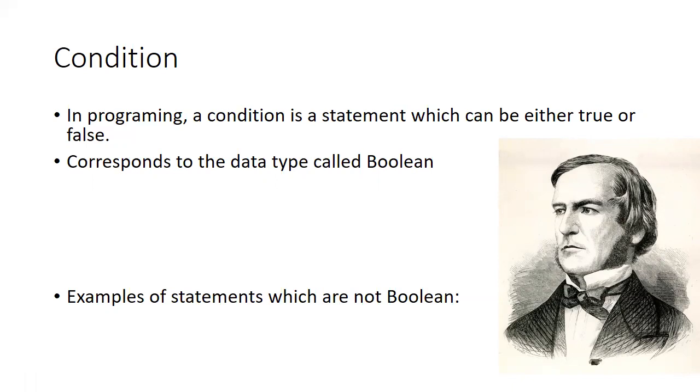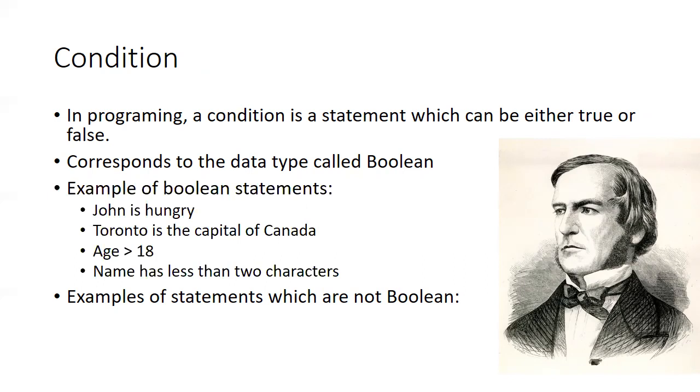He described, I don't know if you'd say developed, because from the point of view of Aristotle and Plato, they did use logic, which is very similar to Boolean logic. So I'm not going to say that he invented all of this, but he described it in a way that we can use quite well in our computing in the 19th century, so in the 1800s. And so we have this thing that's called Boolean logic.